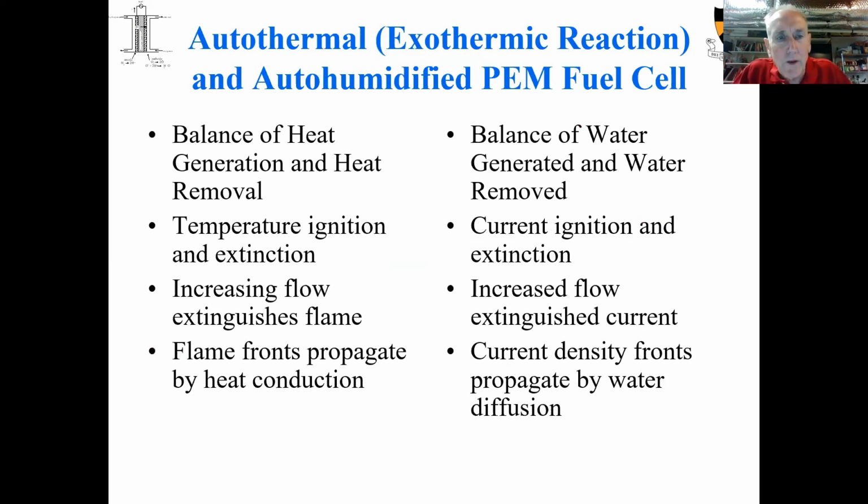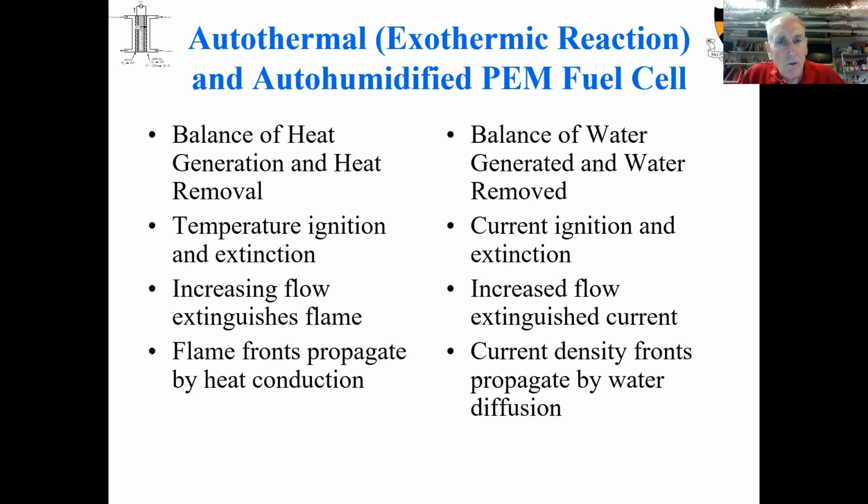What I'm showing you at this point is the similarity between an autothermal reactor, a flame, and an auto-humidified polymer membrane fuel cell. Except in the autothermal reactor, you have a balance of heat generation and heat removal. In the fuel cell, it's a balance of water generation and water removal.